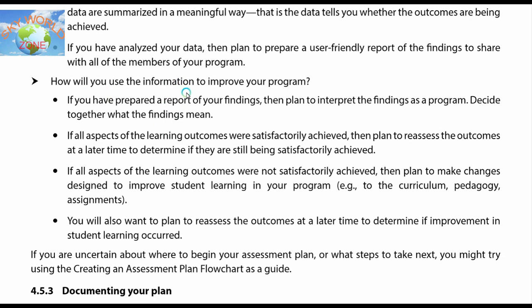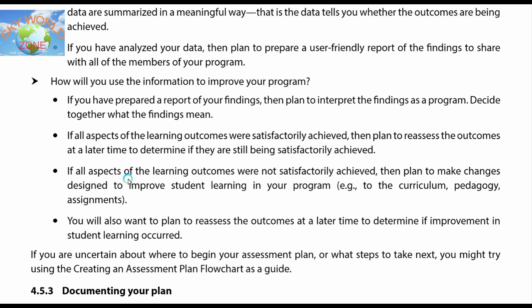How will you use the information to improve your program? If you have prepared a report of your findings, then plan to interpret the findings as a program. Decide together what the findings mean. If all aspects of the learning outcomes were satisfactorily achieved, then plan to reassess the outcomes at a later time to determine if they are still being satisfactorily achieved.